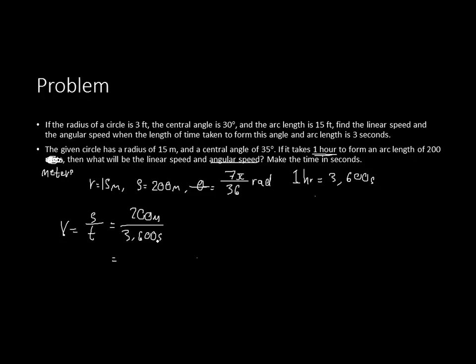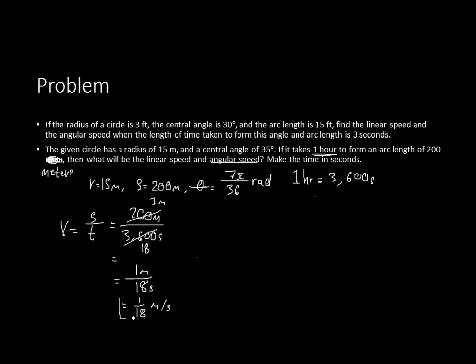Both of them are divisible by 200. 200 meters divided by 200 is just 1 meter, and 3,600 seconds divided by 200 is just 18 seconds. So we have 1 meter all over 18 seconds.